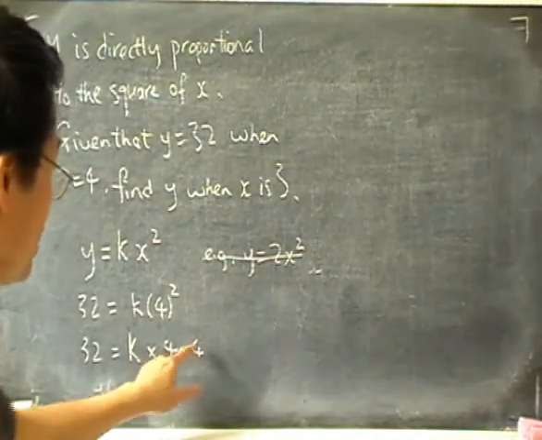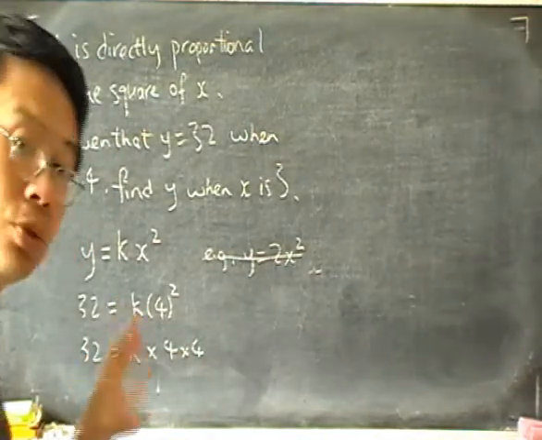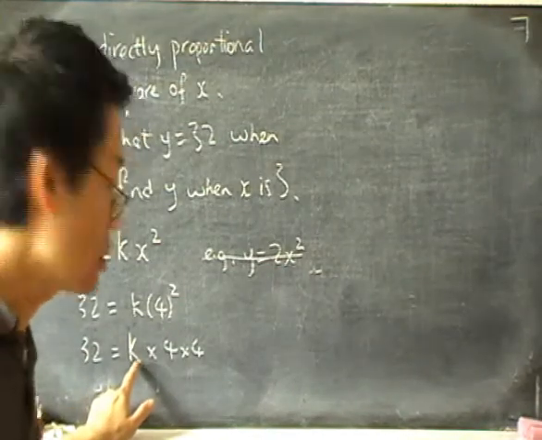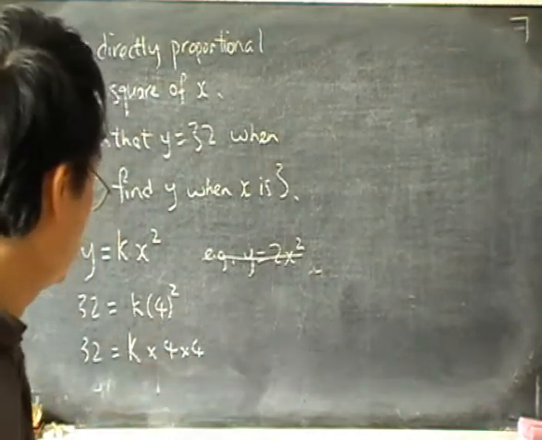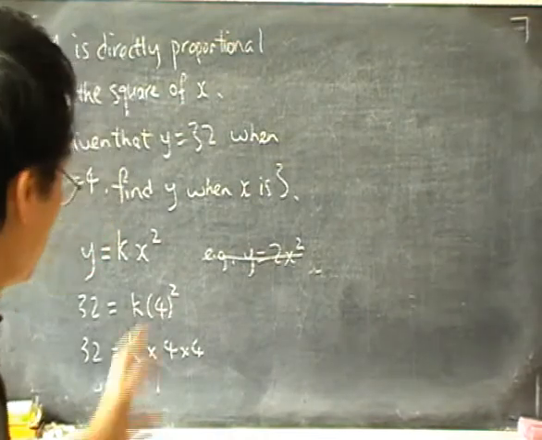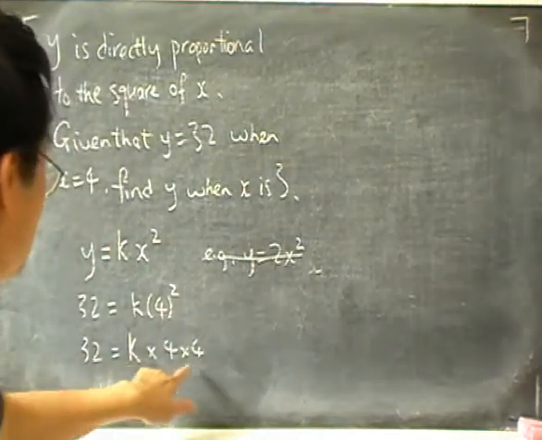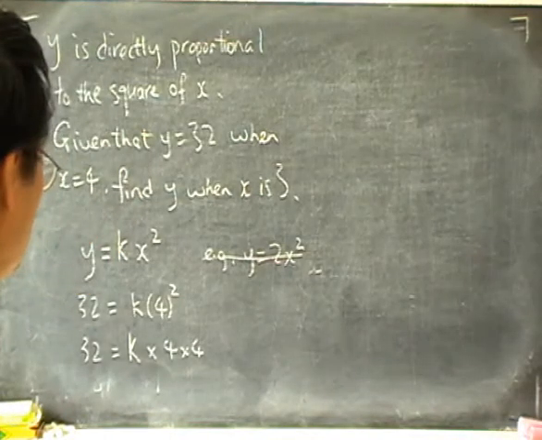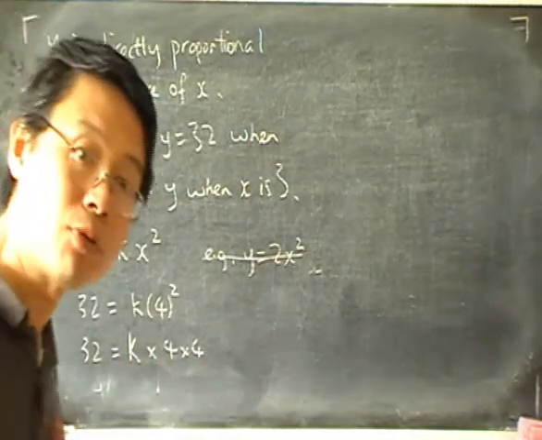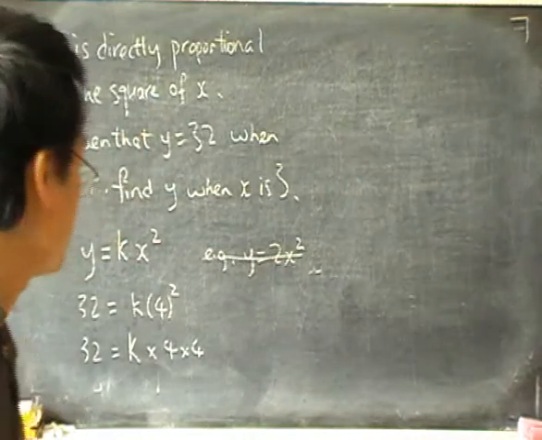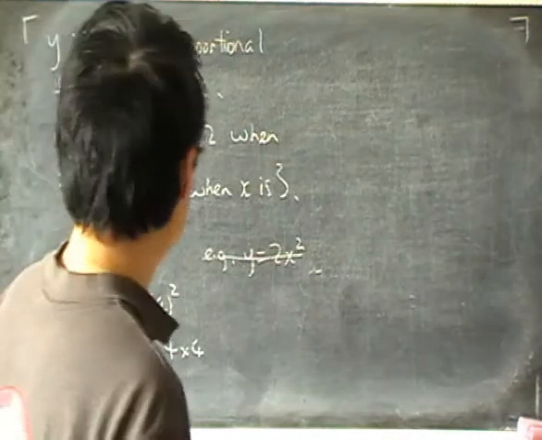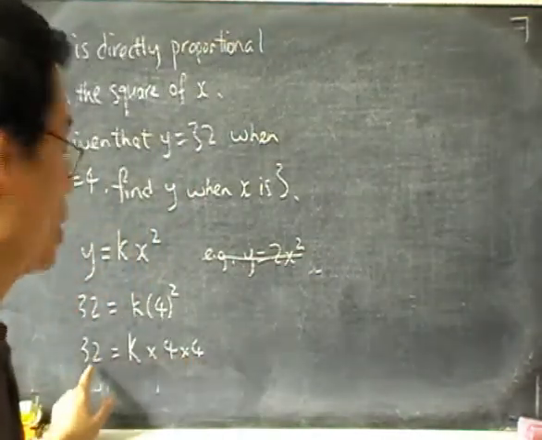So instead of multiplying out these two 4s, because I want the k, I really have to get rid of the 4 times 4. So what I could do is divide both sides by 4 times 4. That means I divide both sides by 4 twice.